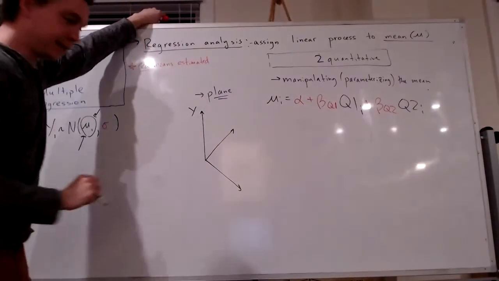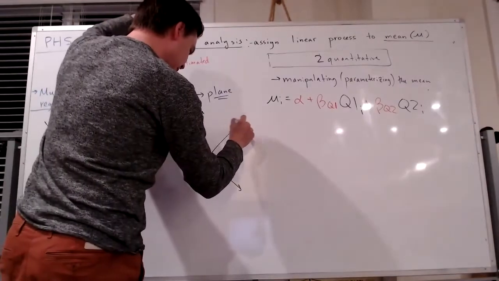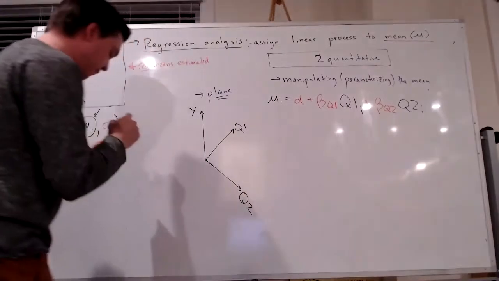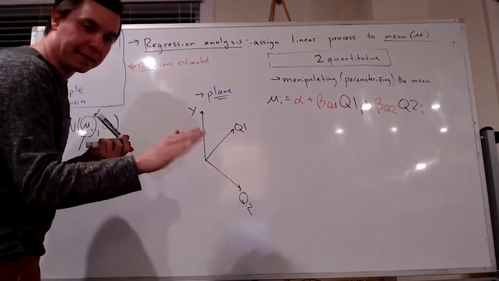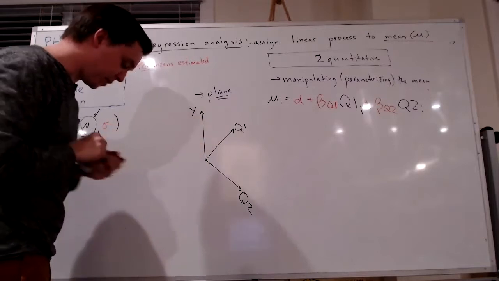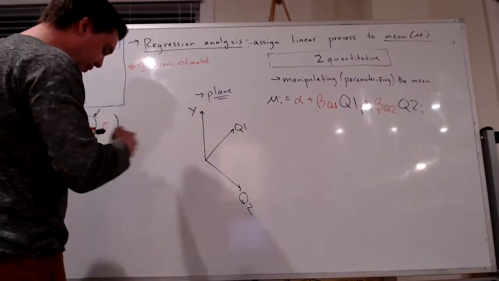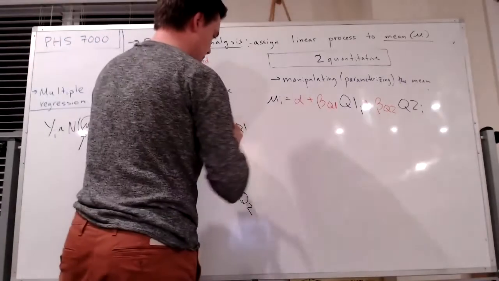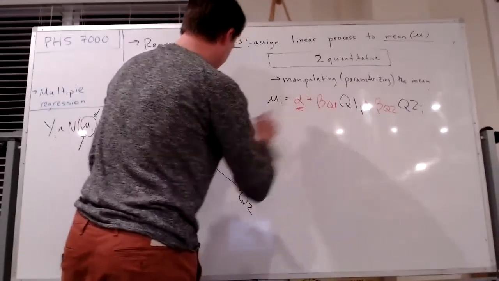Here is my response. Here is my first quantitative variable. Here is my second quantitative variable. This plane, think a super flat, perfectly flat piece of paper, it hits our vertical axis right at alpha.